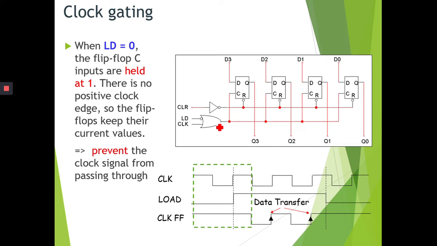Of course the time taken for the clock signal to arrive at flip-flop 3 will be different from the time taken to arrive at flip-flop 0 here. Why? Because there's a delay along the wire, and of course there's a delay mainly coming from the OR gate.